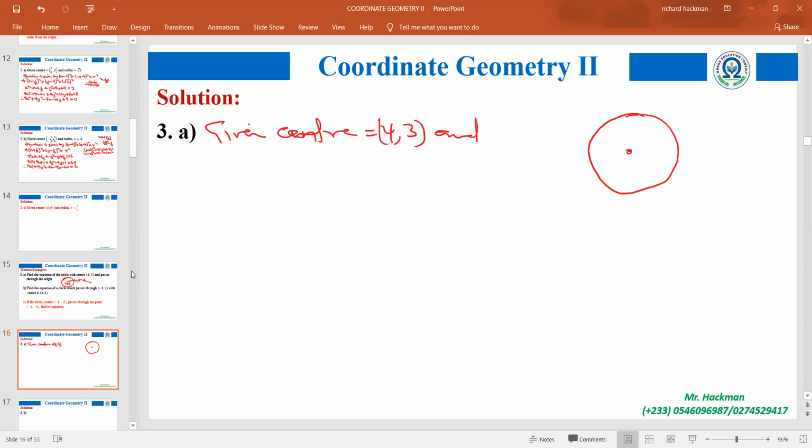And points on the circle. That is the origin, and that is what? 0, 0. Is that clear? So indirectly, that's the information I have here. My center is 4, 3, and the point on the circle is 0, 0.